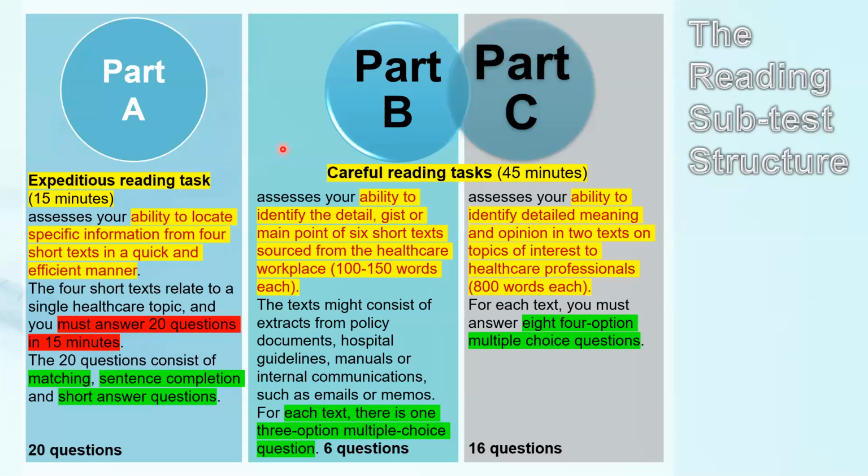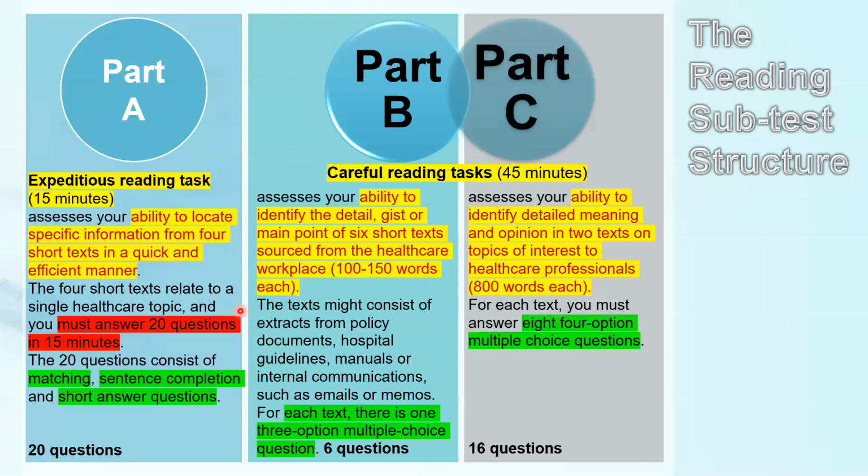After that, you'll receive new booklets for parts B and C together, and you have to finish these two parts within 45 minutes. Part B assesses your ability to identify the detailed gist or main point of six short texts sourced from the healthcare workplace, and the word count here is about 100 up to 150 words for each text.